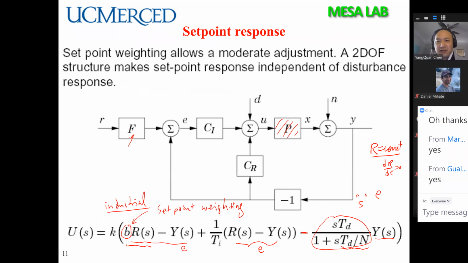This F is like a reference, called a reference filter. So this is actually called two-degree freedom. So you have a method here to emphasize your reference.